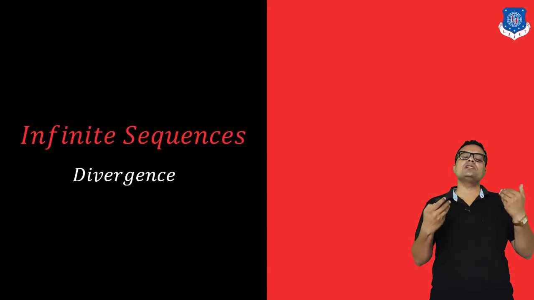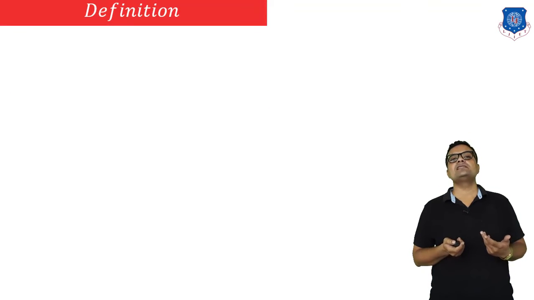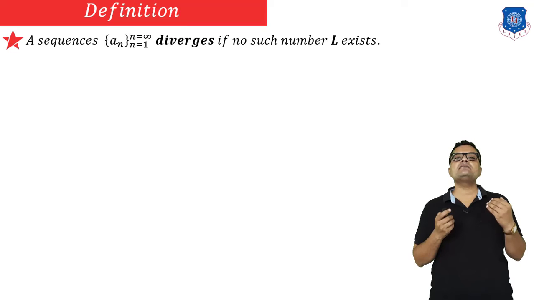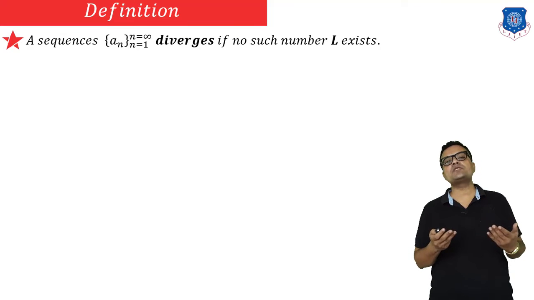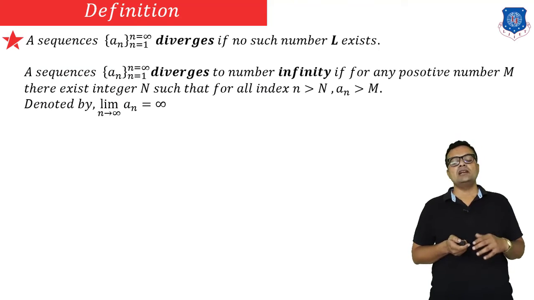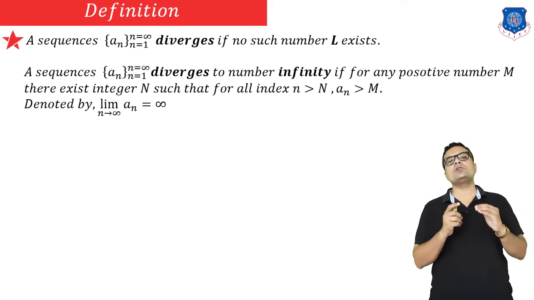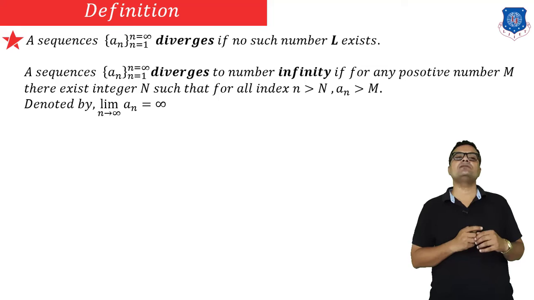Now let us come to the next part, which is the complementary part of convergence, known as divergence. The simple meaning of divergence is, if we cannot find such a number capital L for a given epsilon, that means our sequence is divergent. Once we say the sequence is divergent, it will reach infinity or negative infinity.